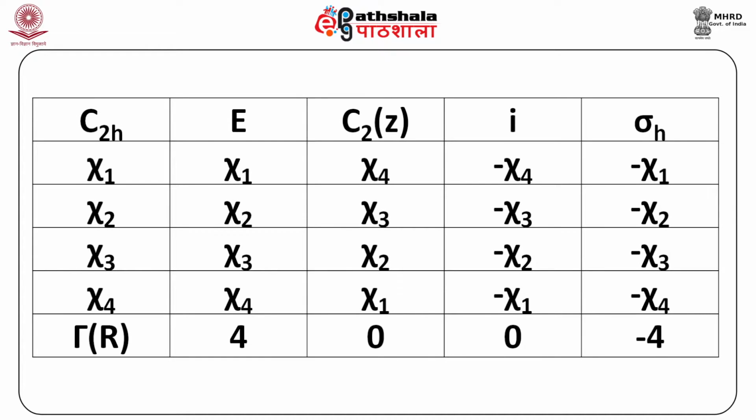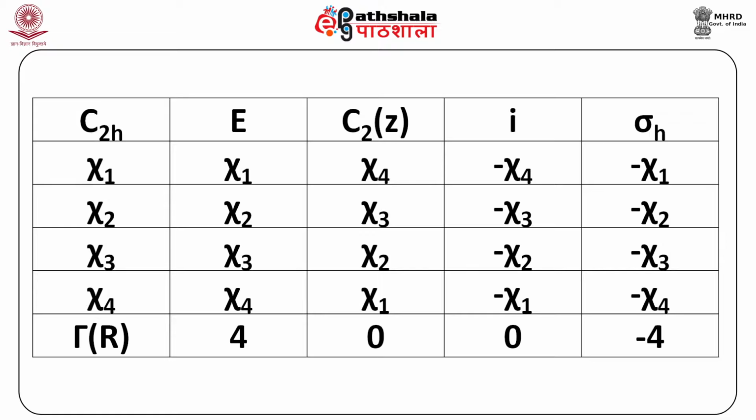When you apply the various operations on the 2pz orbitals, chi1 will be the 2pz orbital on carbon atom 1 and chi2 on carbon atom 2 and so on. When you apply the different symmetry operations, you find that there is no effect with E, because that is the identity operation, but when you perform the C2 operation, which is passing through the Z axis, chi1 becomes chi4 and chi4 becomes chi1.